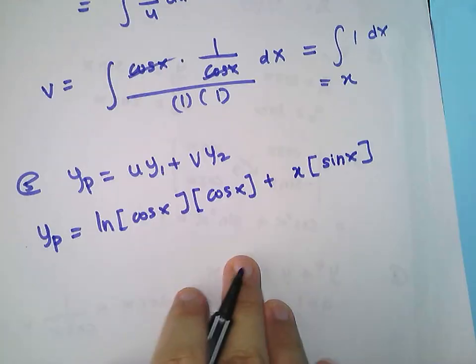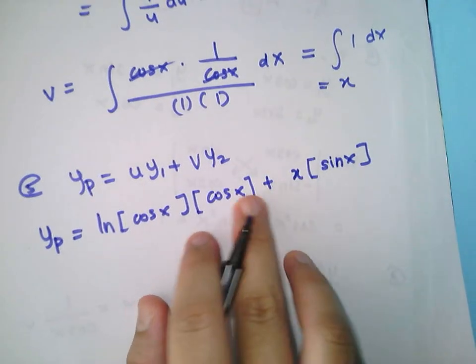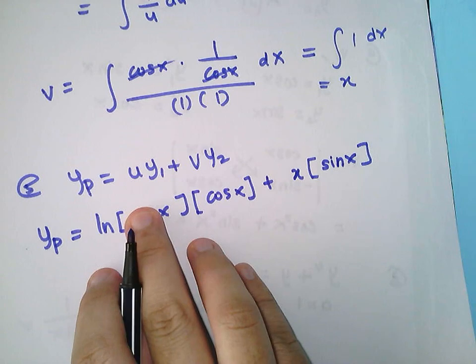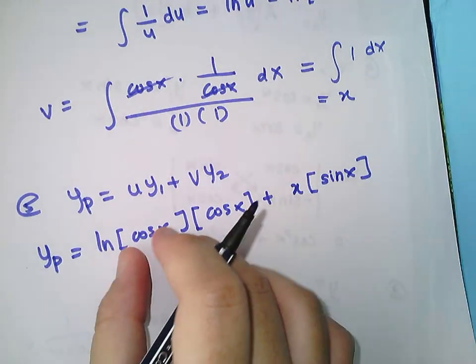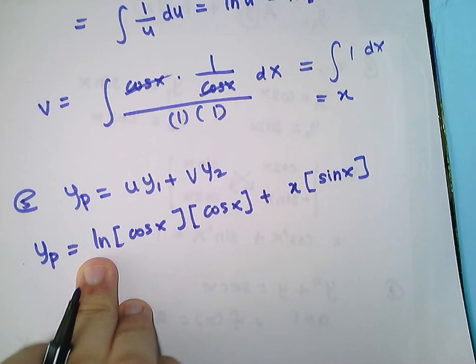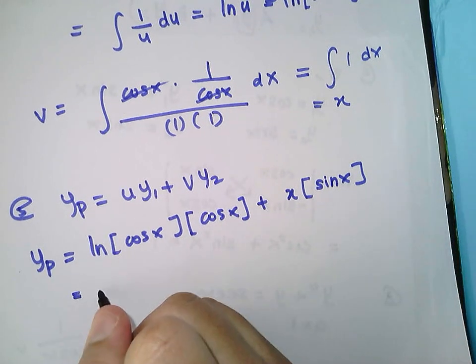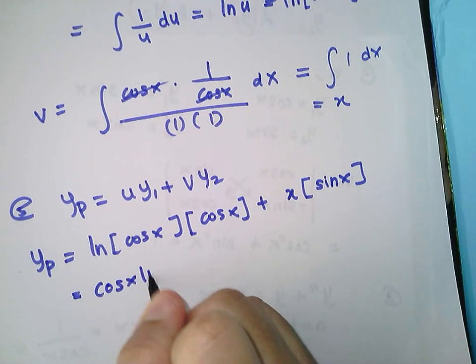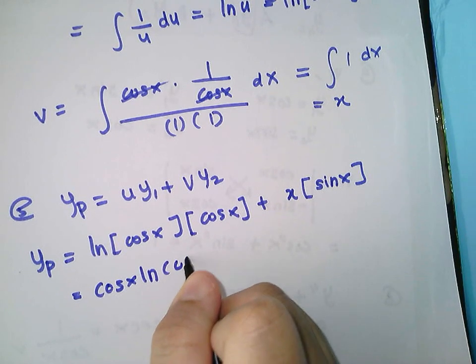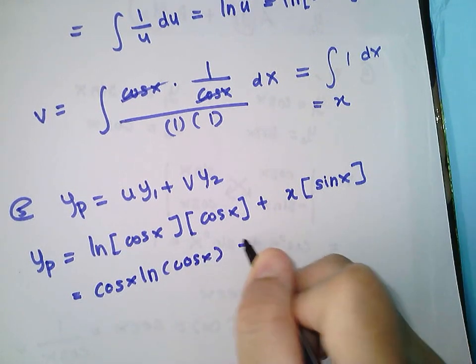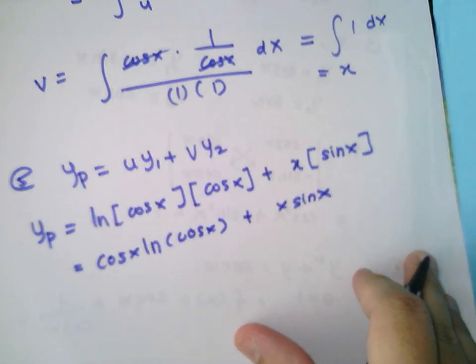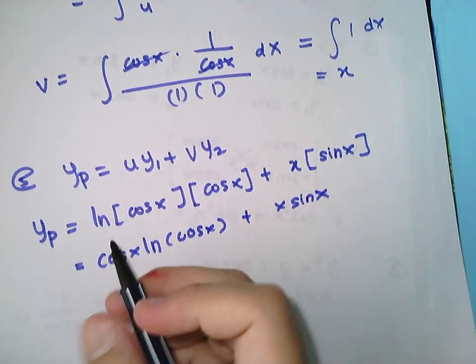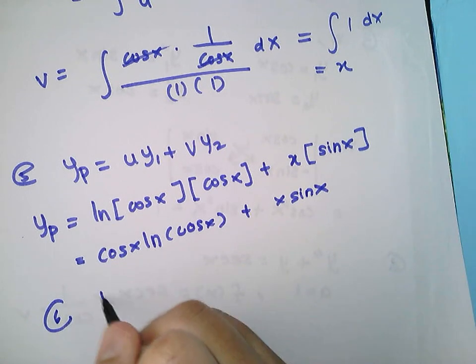Be careful, you cannot simply multiply cos x by cos x. The cos x here is the argument for ln. So simplifying this one will give you cos x ln cos x plus x sin x.